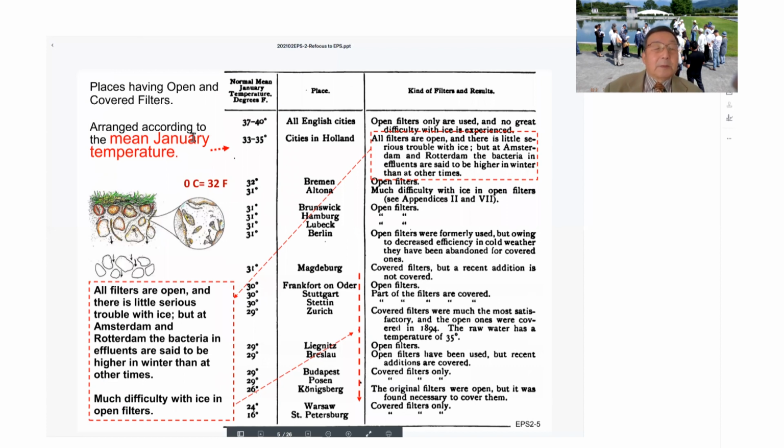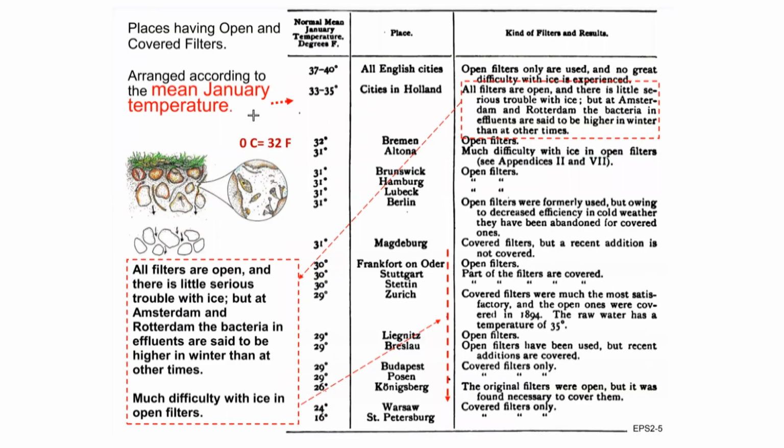In his textbook, he summarized many filters, arranged according to the mean January air temperature. As you know, 0 degrees is 32 Fahrenheit. He described that all filters are open and there is little serious problem with ice.